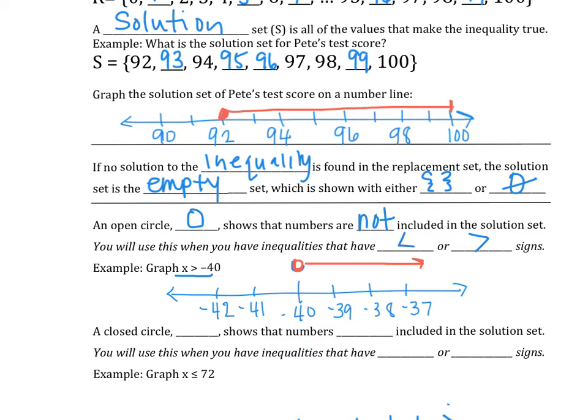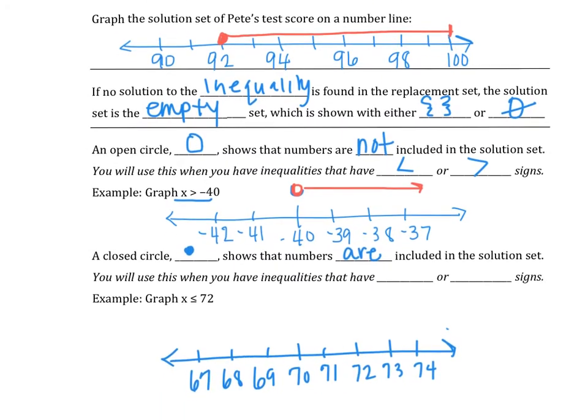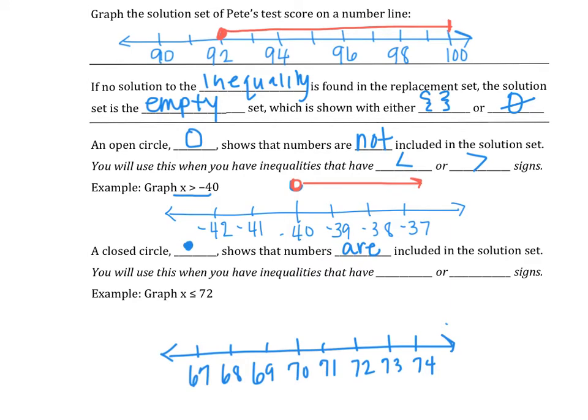A closed circle, which would look like this, shows that numbers are included in the set. So you will use this when you have inequalities that have a less than or equal to or greater than or equal to. This line underneath, those lines right there are important because that means it's also equal to.